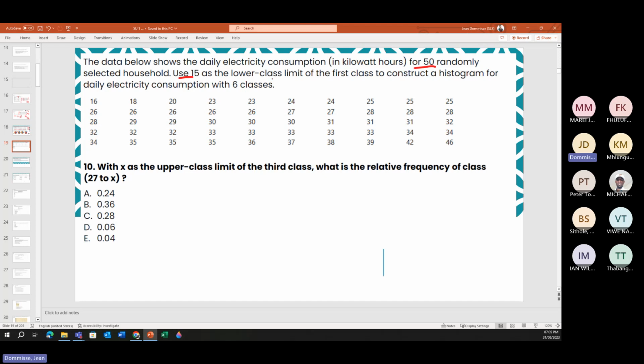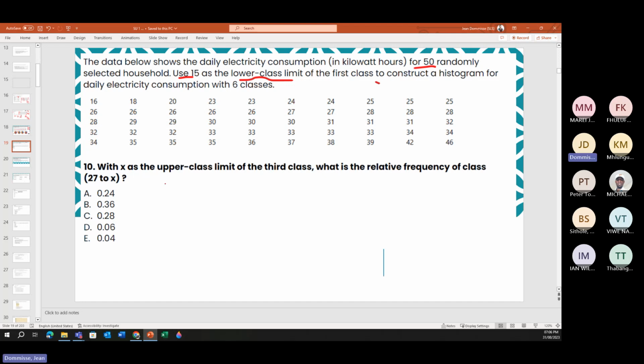Use 15 as the lower class limit of a first class to construct a histogram for daily electricity consumption with 6 classes. With X as the upper class limit of a third class, what is the relative frequency of that class?